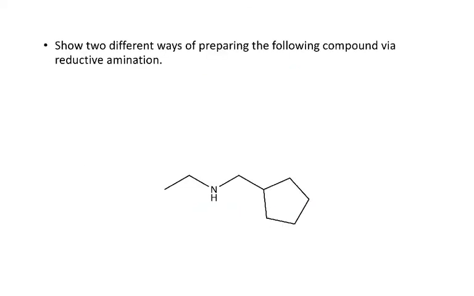Okay, finally, let's finish this video off with an example. Let's say I wanted to make this compound through reductive amination. Well, there are actually two different pathways that I could go. I could either have this group come from the aldehyde or the ketone, and then the rest of it come from the amine, or I could have this group come from the aldehyde or ketone, and then use this group to replace the aldehyde or ketone with the amine.